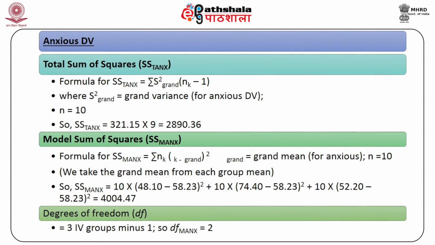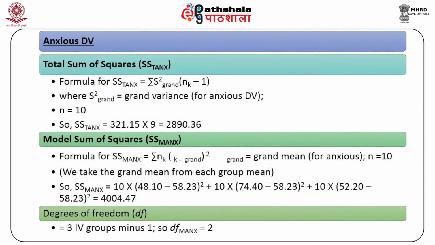So, one can have a look at these, the sum of squares, the relevant formula, the grand variance, the sample size, then the model sum of squares, the formula for model sum of squares is given, and the grand mean for anxiety. We take the grand mean from each group mean, and of course, we know how grand mean would be arrived at.